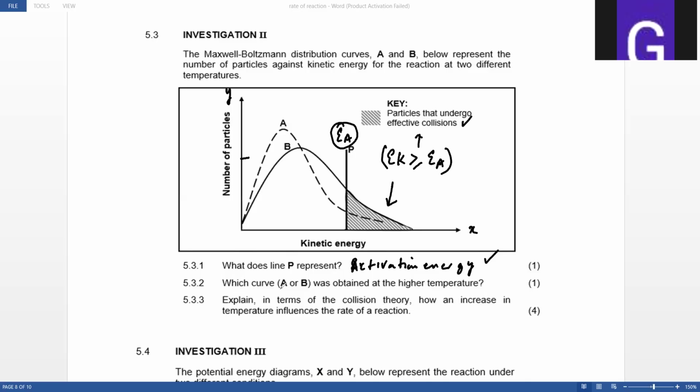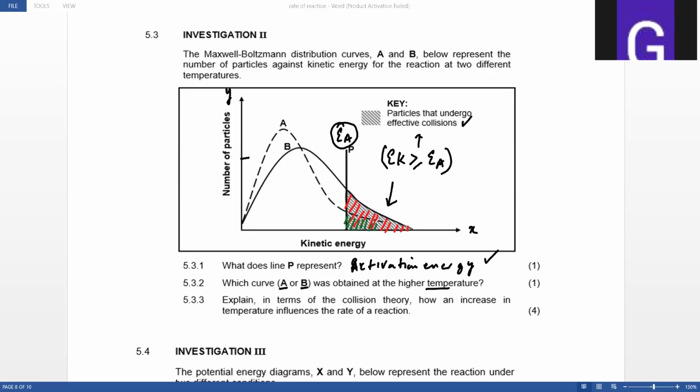Which curve between A or B was obtained at higher temperature? Remember I said, look at the area. Curve A has a very small area as compared to B. Let me use a different color. If you look at the area, you see B includes almost everything, while for A it's just this part only.